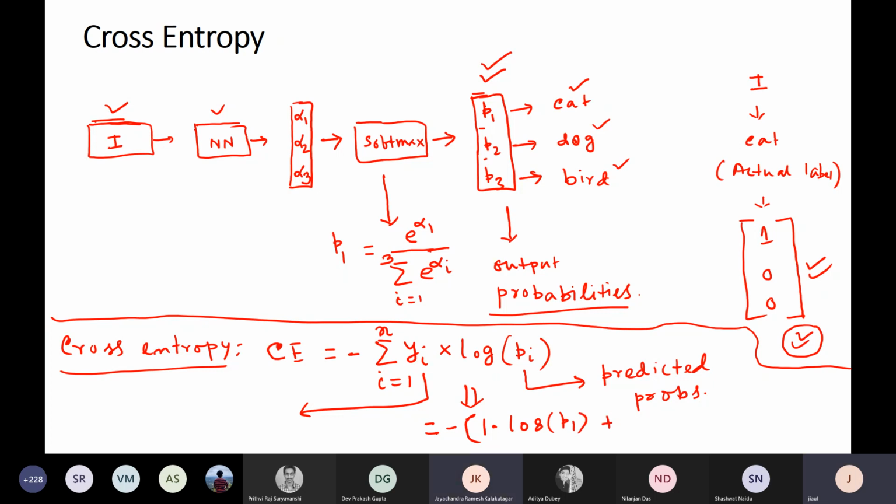Then plus 0 into log of P2, plus 0 into log of P3. Absolutely correct. So this is the way you compute the final loss for a particular input sample.